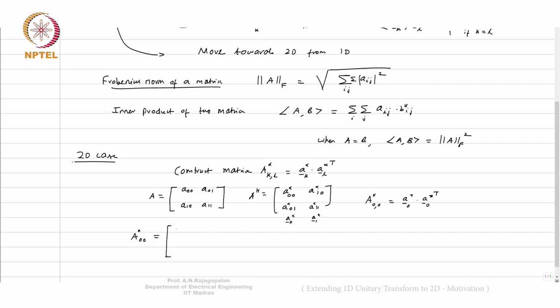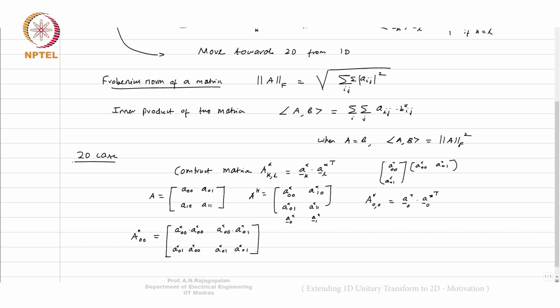So this will look like A star 00 and A star 01 multiplying A star 00, A star 01. This is what we're doing. So A star 00 times A star 00, and then A star 01 times A star 01.